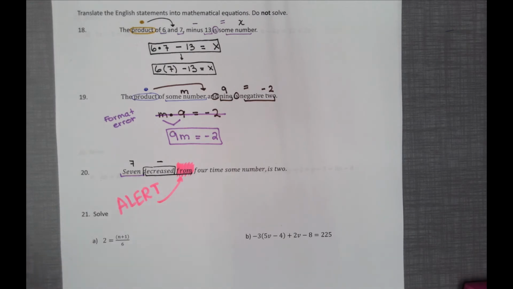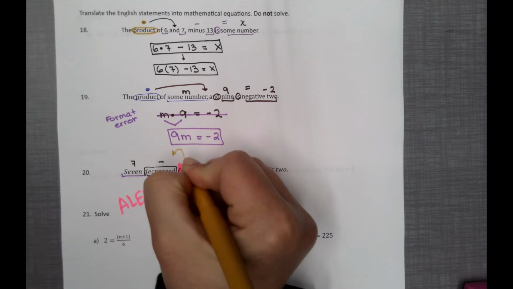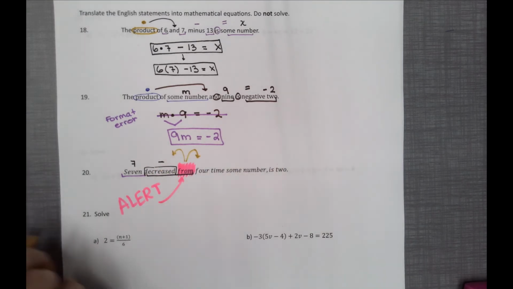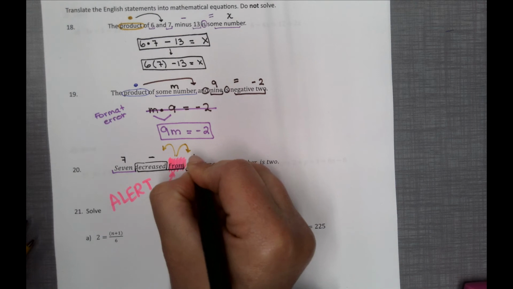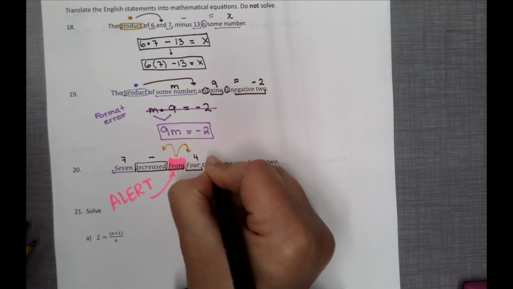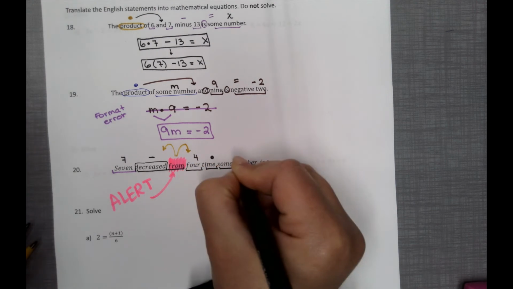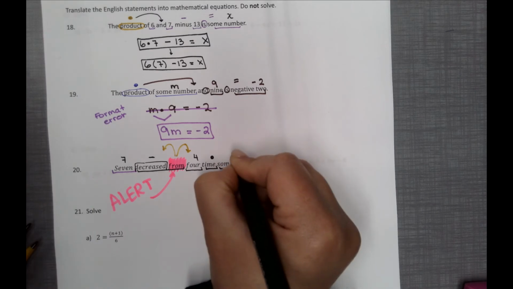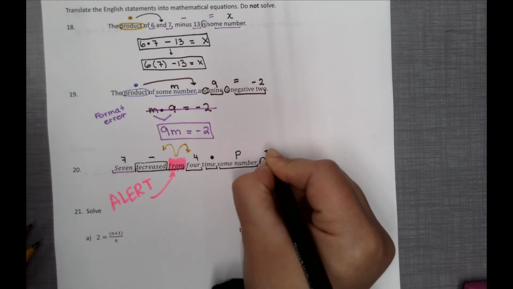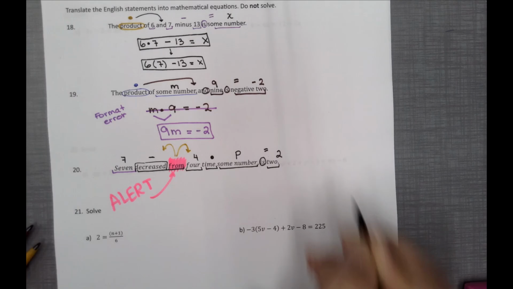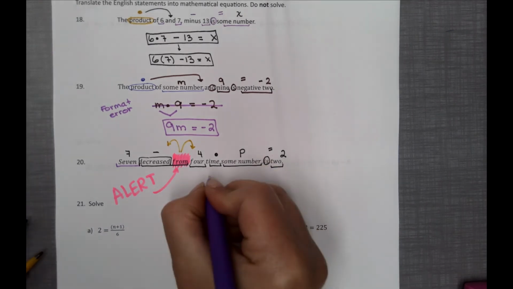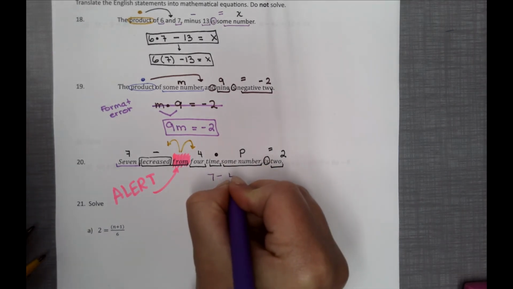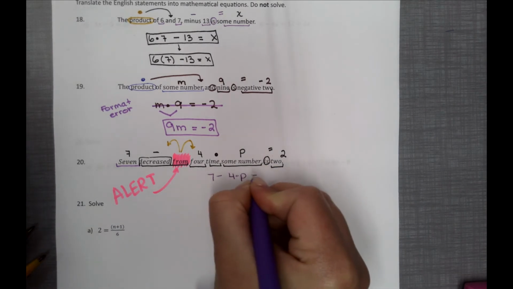So in class, I asked you to do one of these arrows. Then let's continue translating. 4 times some number, let's use a different letter, oh, I don't know, p, is 2. So I'm going to write it wrong, and then I'm going to correct it. 7 decreased from 4 times some number is 2.